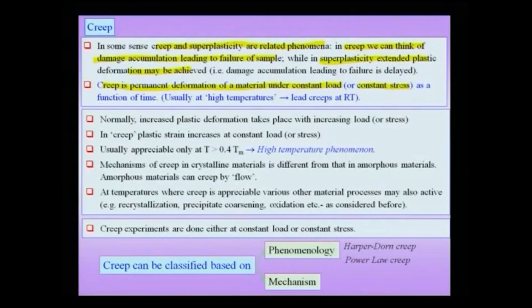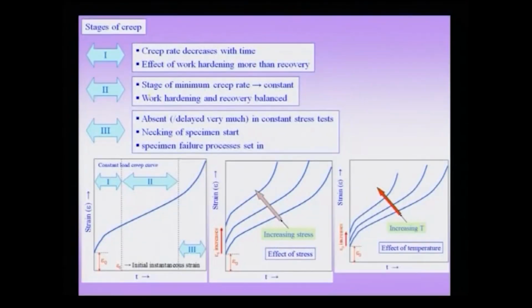But in creep the whole test is carried out at constant load or sometimes at constant stress, and you slowly, progressively accumulate strain. A typical result of such a creep experiment would be a plot of time versus strain. So, you are accumulating strain with time, and you have what is known as a creep curve.